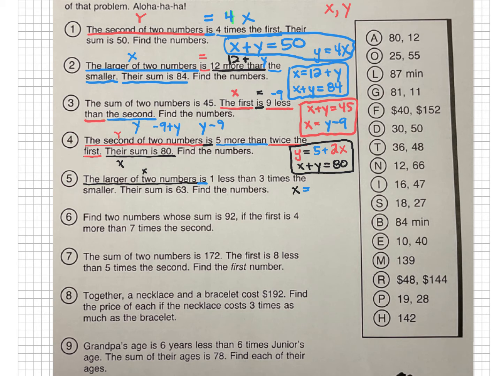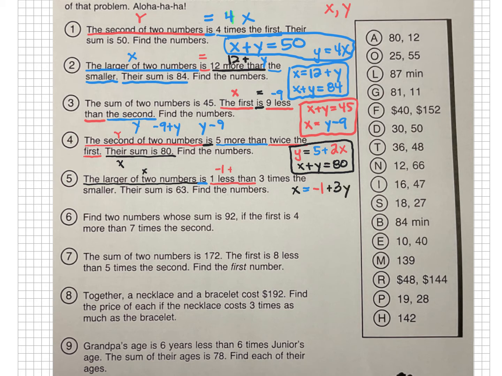What I tend to do when it says 1 less than is actually treat it as negative 1 plus. Negative 1 is 1 less than 0. So it's like saying you're starting off 1 behind. We don't know what we're going to have, but we know we're going to subtract 1 from it. So we can start with negative 1, and then we have 3 times the smaller number, which is y.